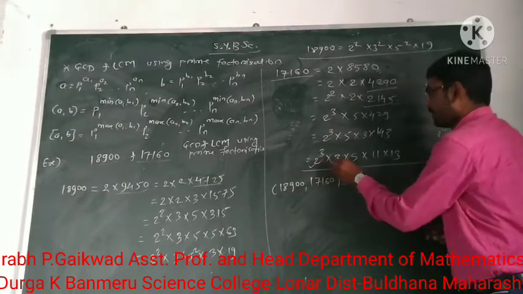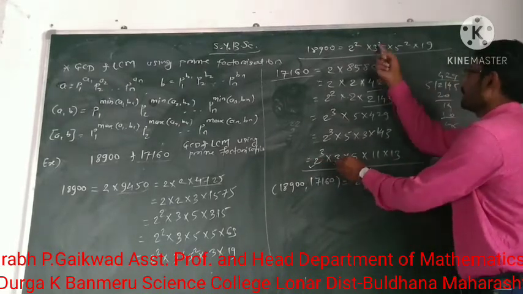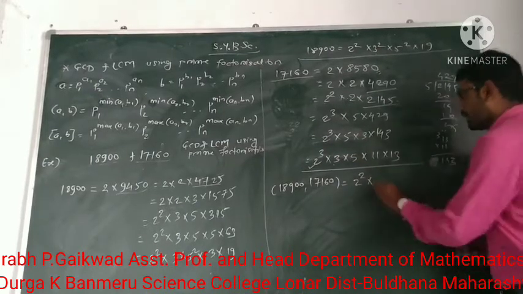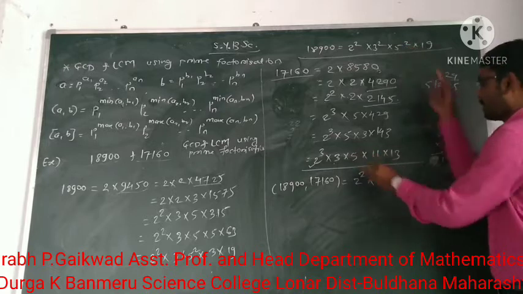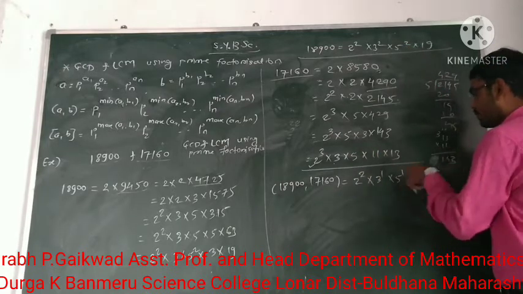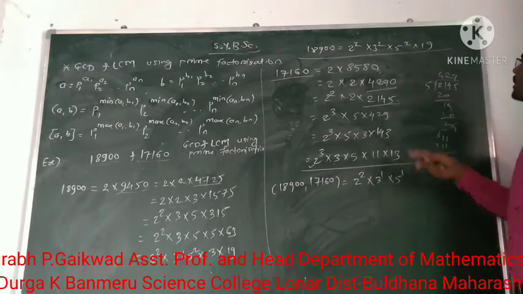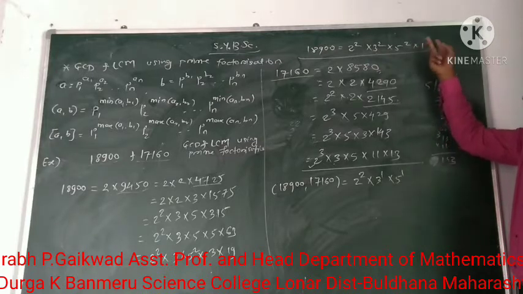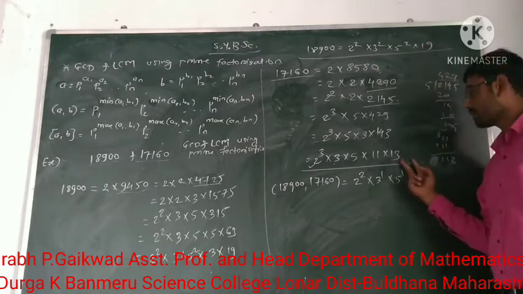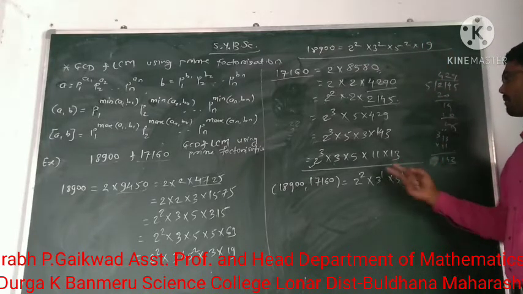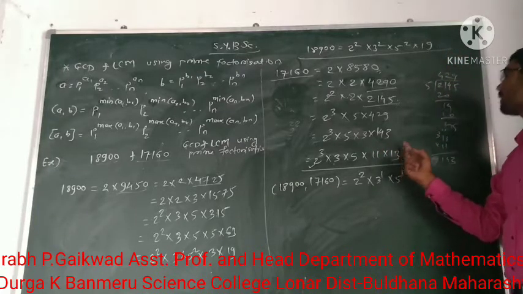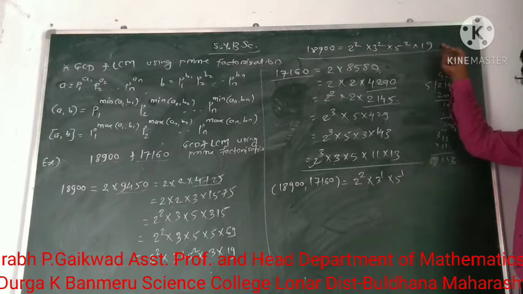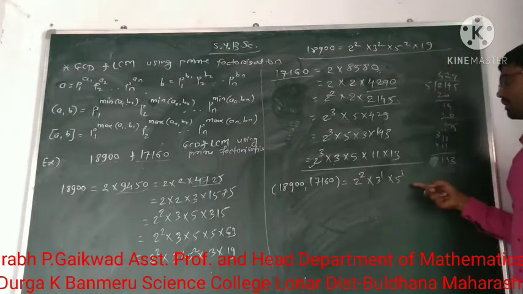Then here the power of 3 is 1, there the power of 3 is 2, so the minimum is 1. So 3 raised to power 1. Here the power of 5 is 1, there the power of 5 is 2. Take the minimum, so 5 raised to power 1. Here the power of 19 is 1, there the power of 19 is 0, so take 0. The power of 11 is 1 and 0, so 0. The power of 13 is 1 and there is no 13, so the minimum is 0.